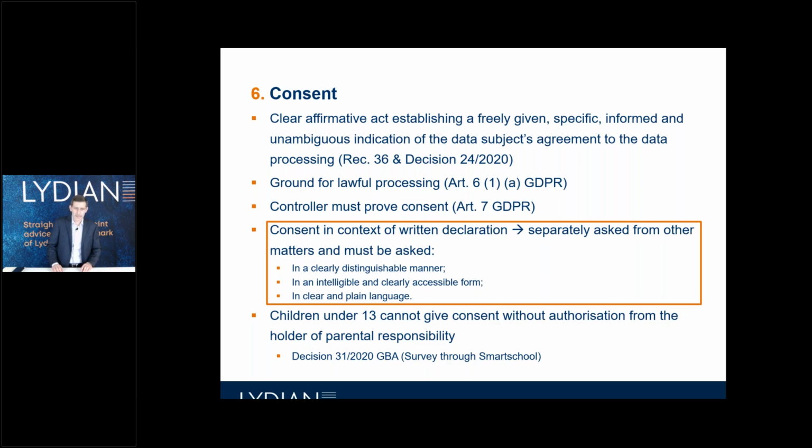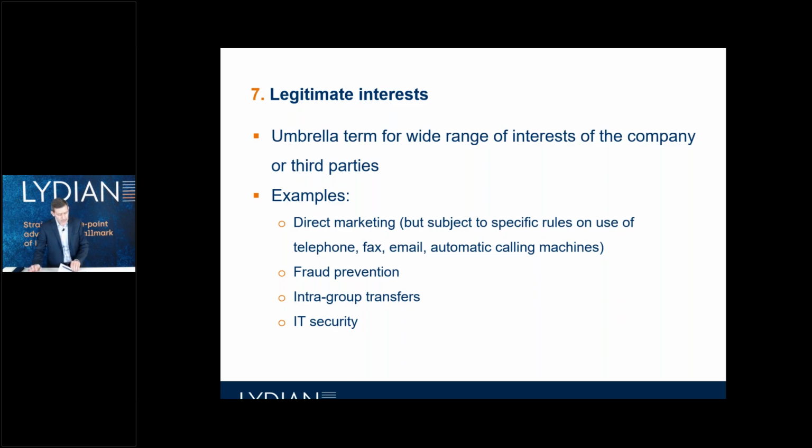It must be in an intelligible and clearly accessible form, and in clear and plain language. So this is the relation between consent on the one hand and fair processing notices on the other hand.